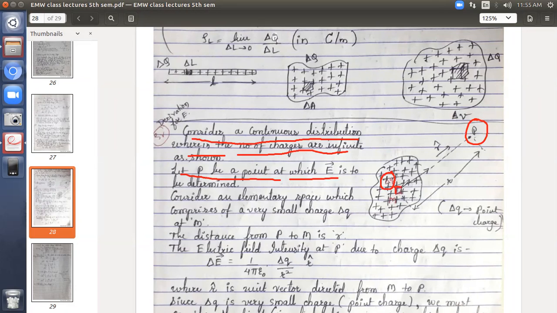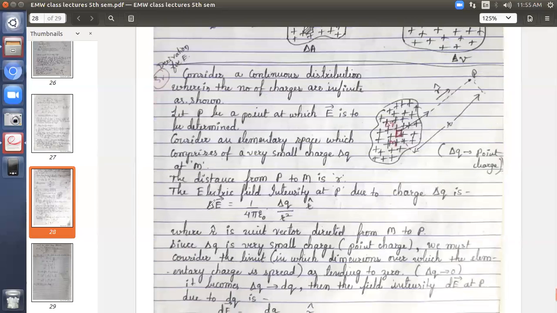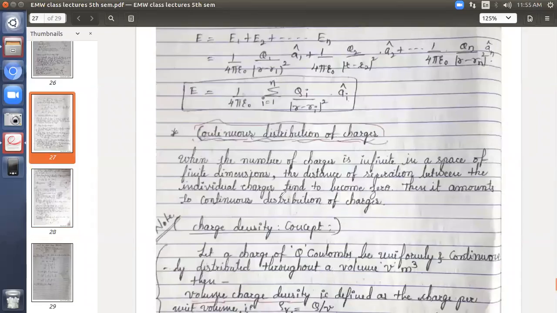This red square indicates the space considered, and the point I have shown here is M. M is the point considered. Now the distance from P to M is small r. The same figure we have considered, the same thing we have written. With this we know this already. What is E equal to? Shall I show you what E is equal to?